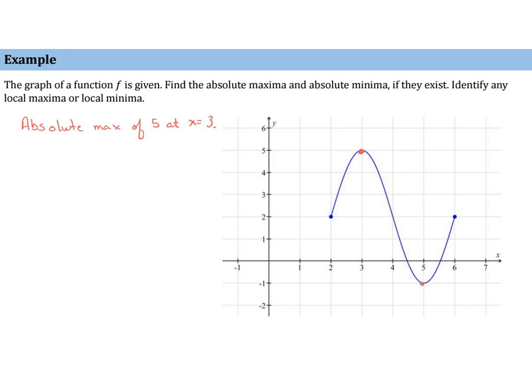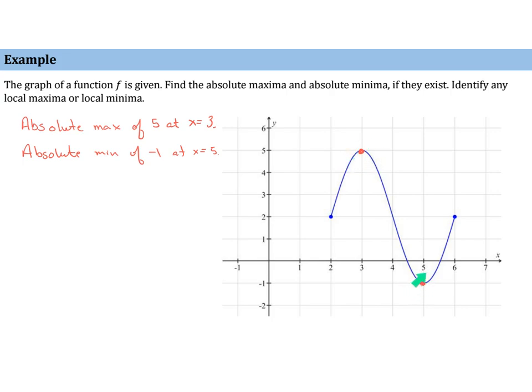And then likewise, we have an absolute minimum of -1 at x equals 5. Now, do we have any local maxima and minima? And you'll notice that this point on the interval surrounding it is higher than the local surroundings.